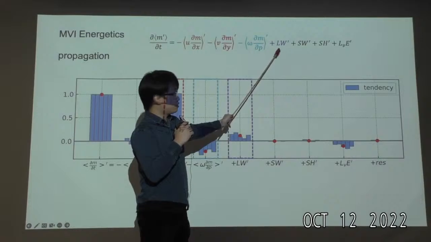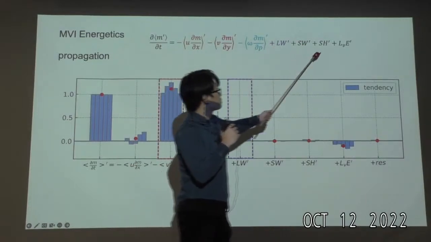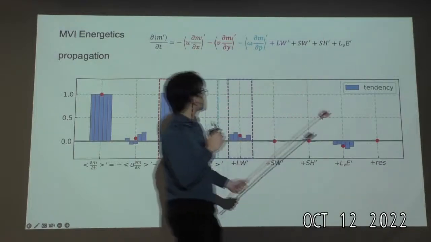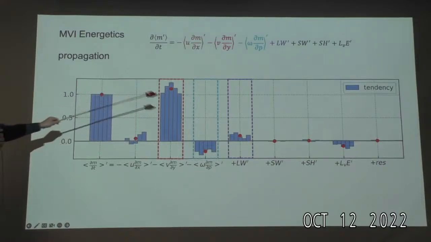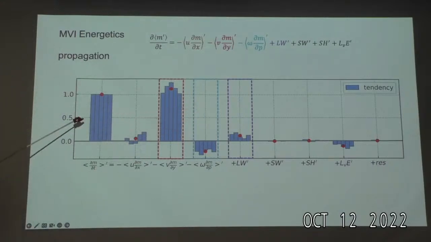This is the longwave radiation flux, shortwave radiation flux, and surface sensible heat flux, and latent heat flux. With so many terms, we plot them as bars here. This is tendency, zonal advection, vertical advection, and so on. Each term has 5 bars representing the regressions from day -2 to day 2.